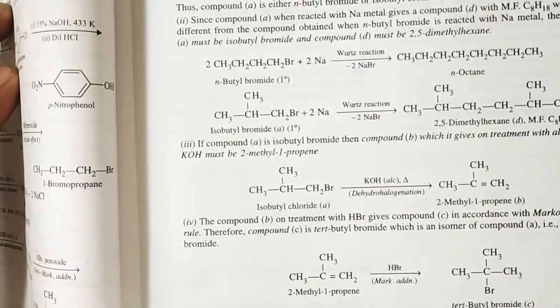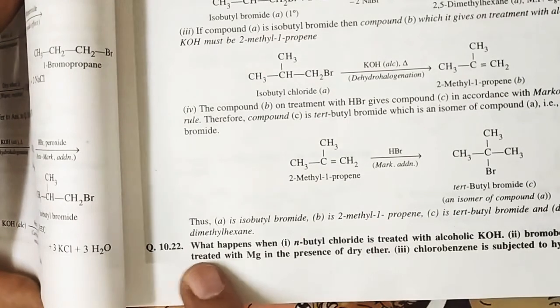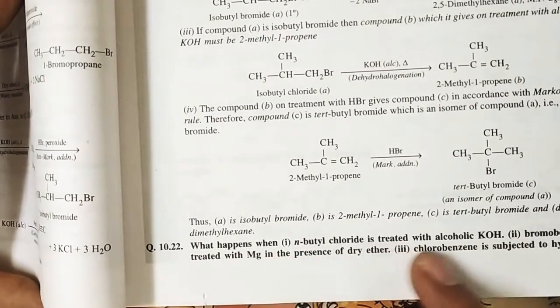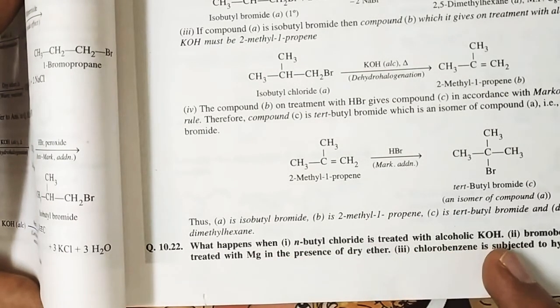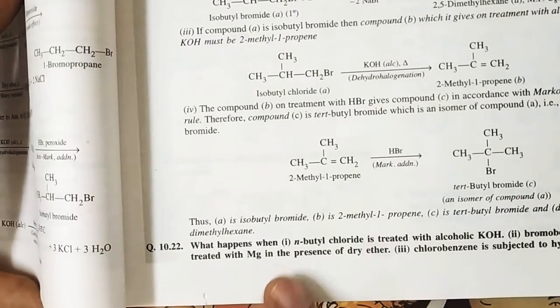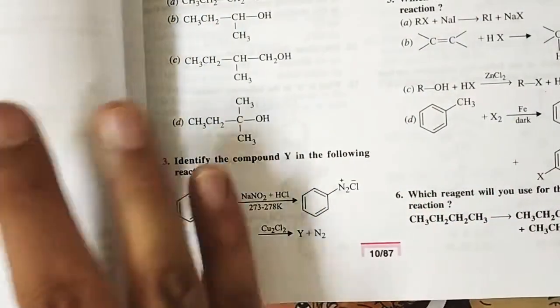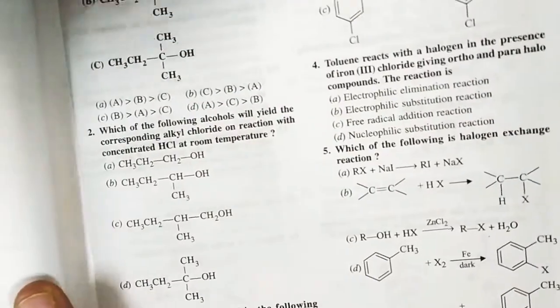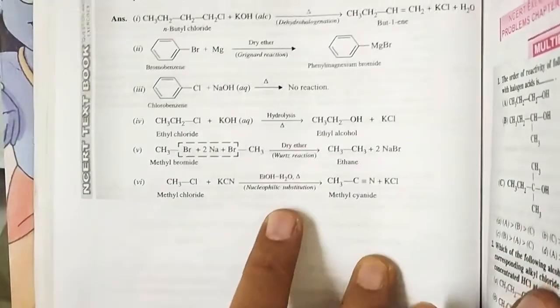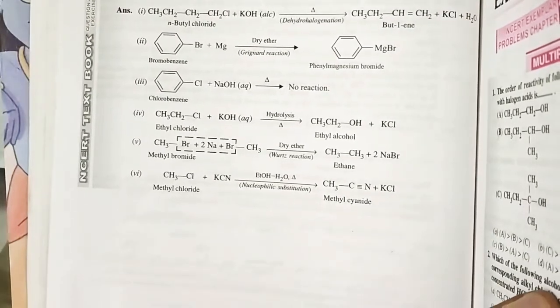Now, question number 10.22. What happens when normal butyl chloride is treated with alcoholic KOH? Number 2, bromobenzene is treated with magnesium. These are some concepts that we have to study. Number 1, normal butyl chloride.